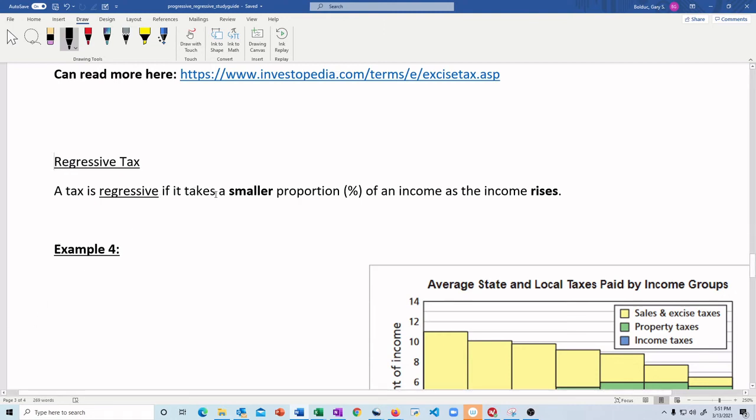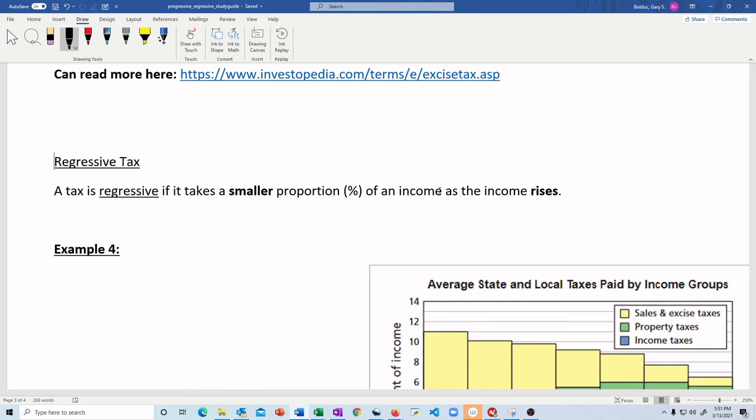So in here it says a tax is regressive if it takes a smaller proportion of your income as your income rises. So everyone's being taxed on something. The tax is regressive if, as you make more money, that tax is taking a smaller percent of your income.